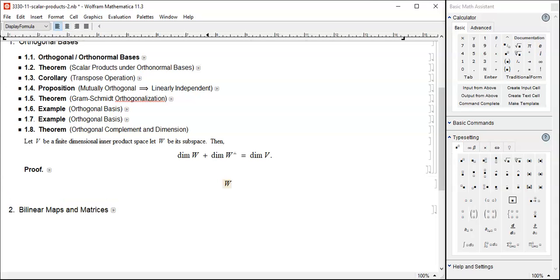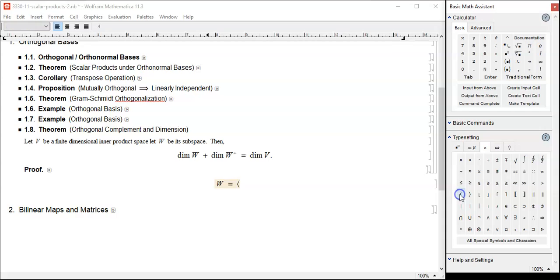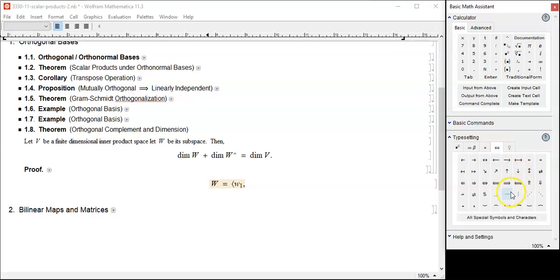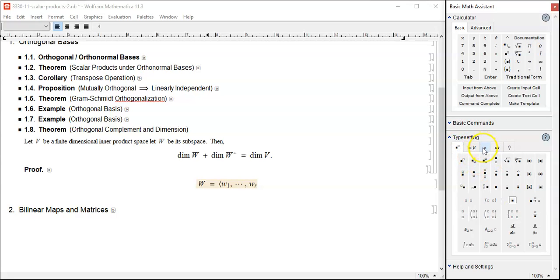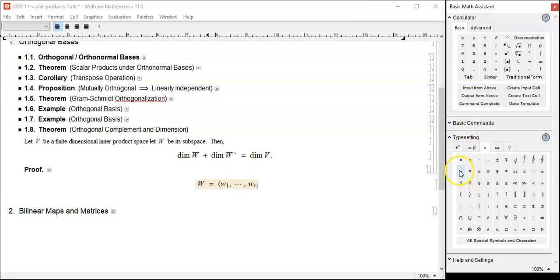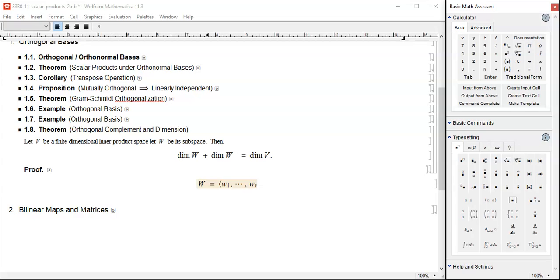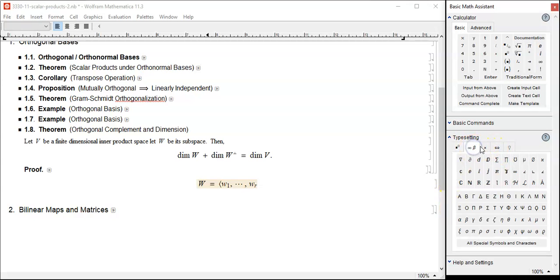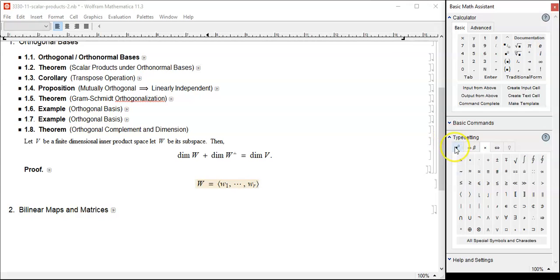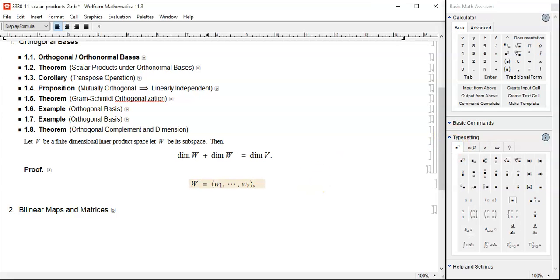So W can be written as a span with basis W1 through WR, where these W's are mutually perpendicular.